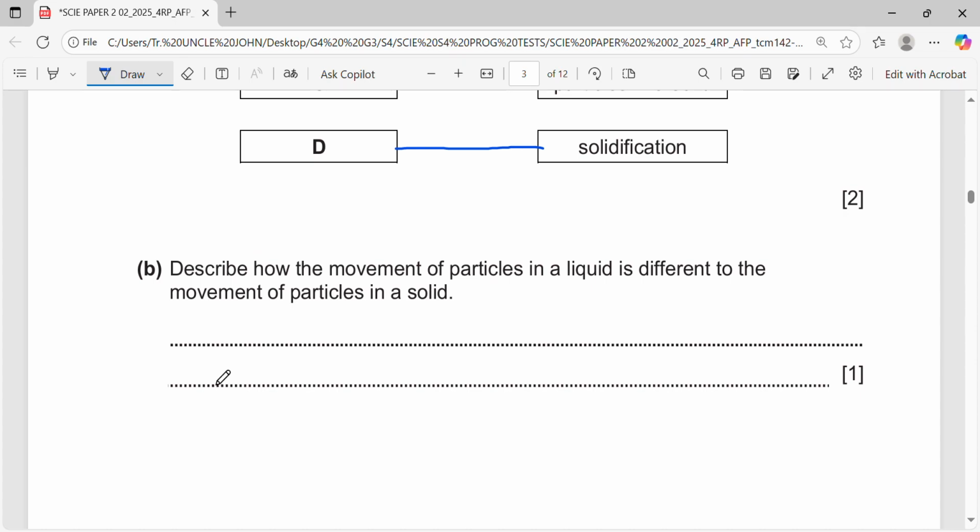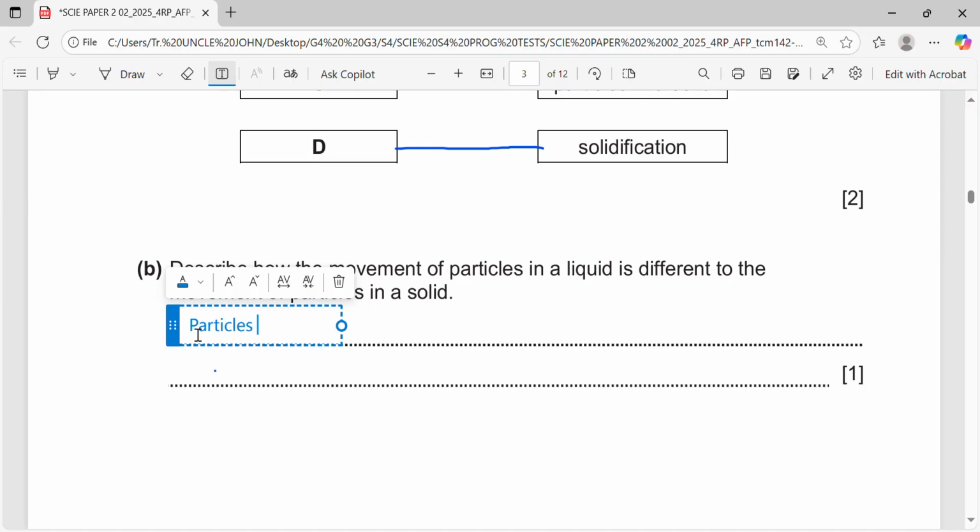Now, B, describe how the movement of particles in a liquid is different to the movement of particles in a solid. Particles in a liquid move faster.